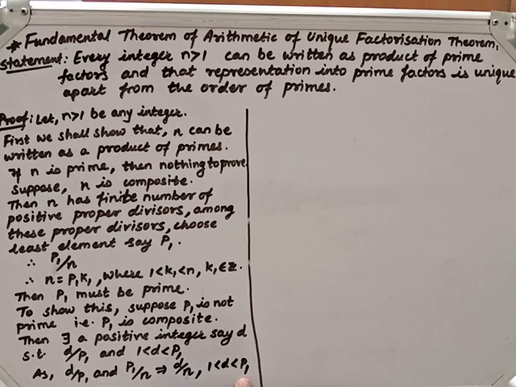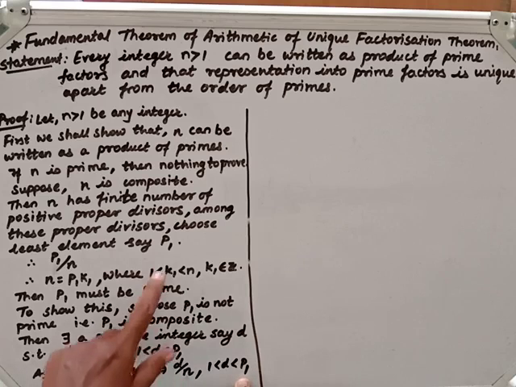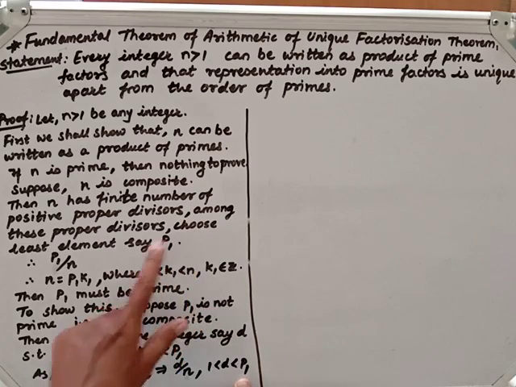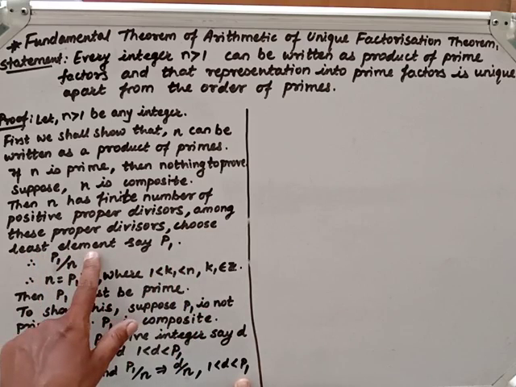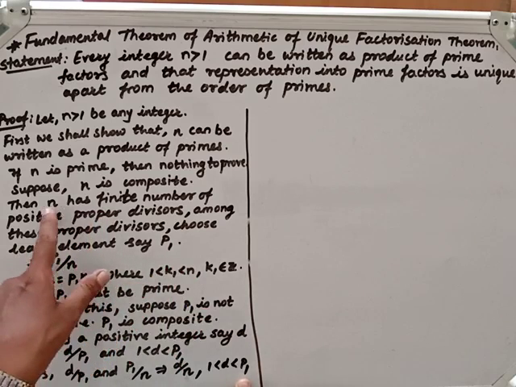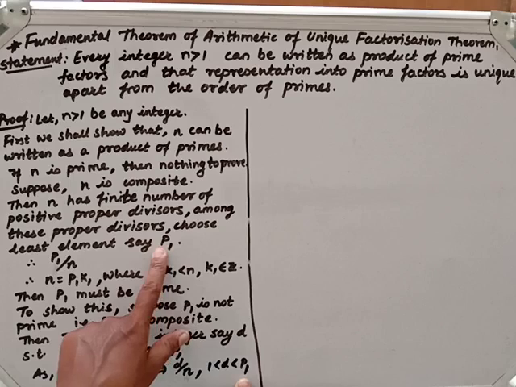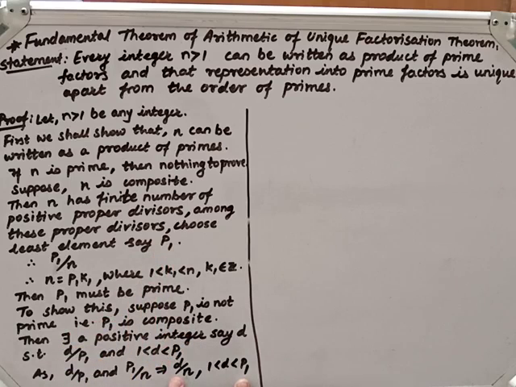But this contradicts the fact that we have chosen the least proper divisor of n, which we named P1. Therefore, P1 must be prime. Here our assumption is wrong. So P1 should be prime.